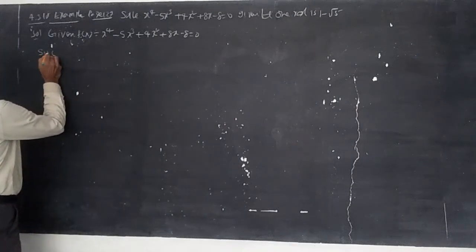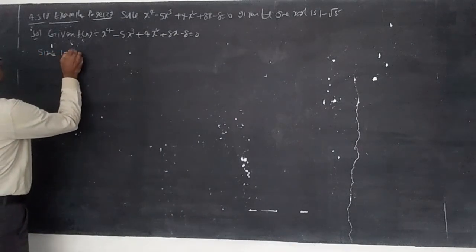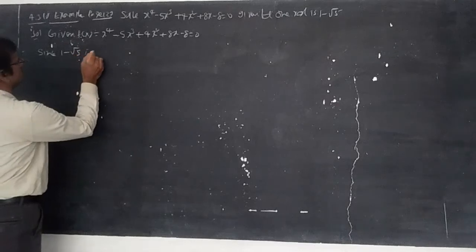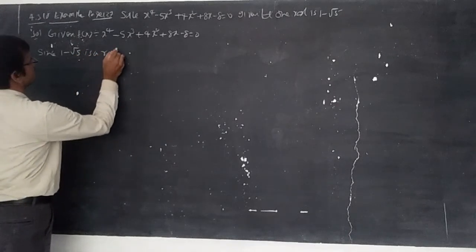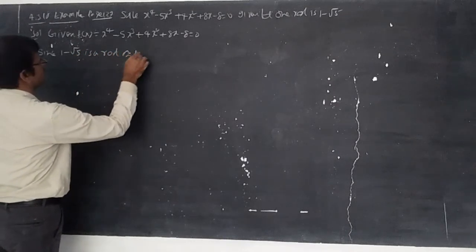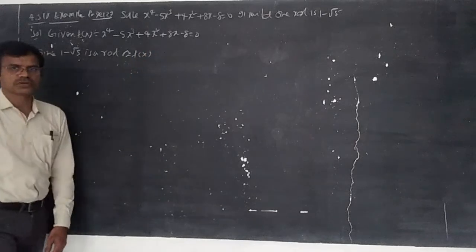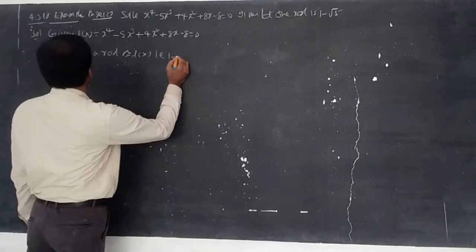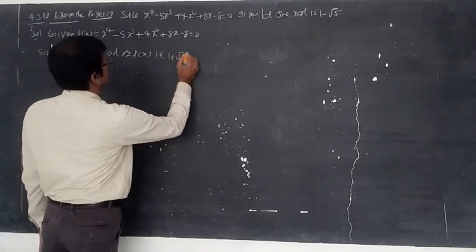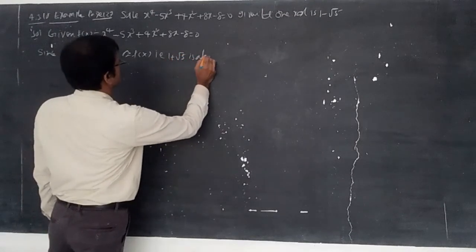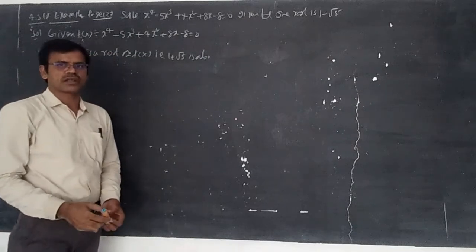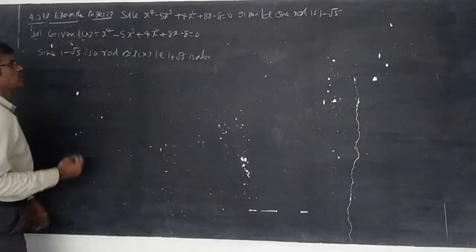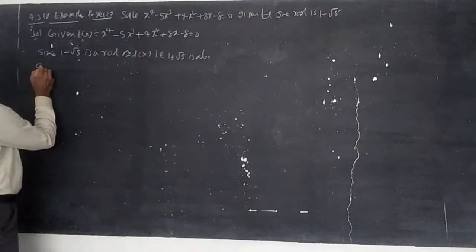Since 1 minus root 5 is a root of f of x, 1 plus root 5 is also a root, because the conjugate is also a root.